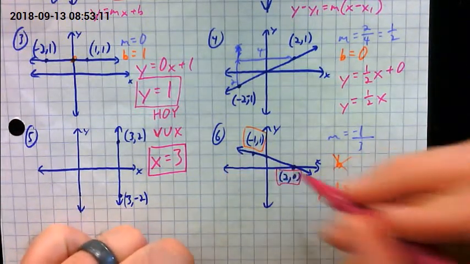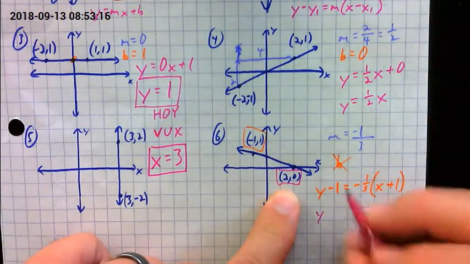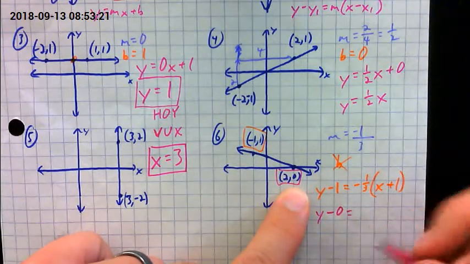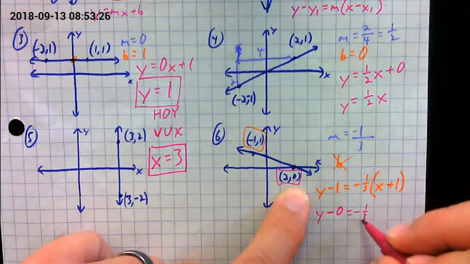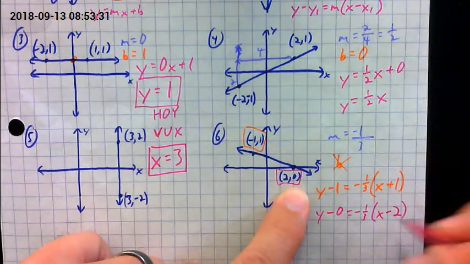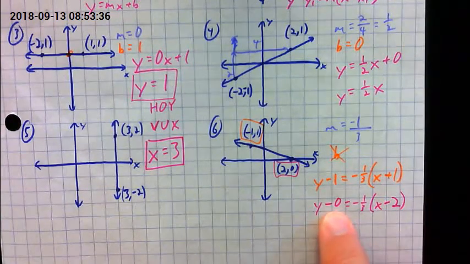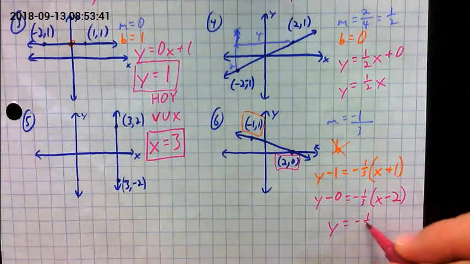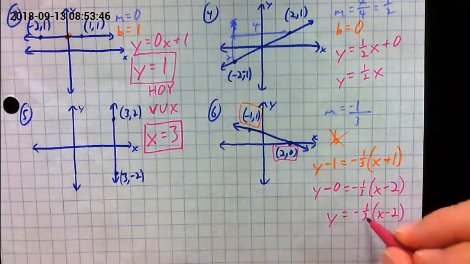If I use the other point here, we have y minus 0 is equal to negative 1/3 times x minus 2. Now, for the second one, I could actually reduce that a little bit, because do I have to write minus 0? No, so I could also leave the 0 off, and just write it like this. And that would still be fine.